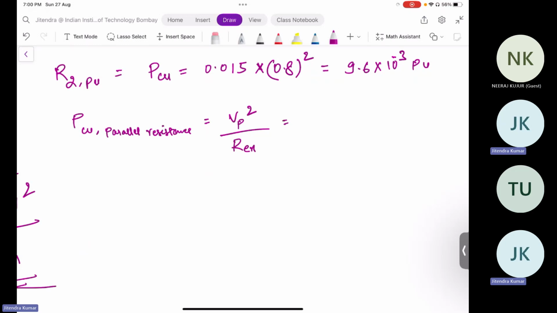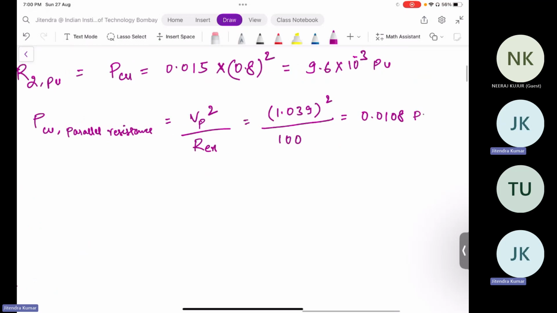So it will be 1.039 square divided by 100. It is 0.0108 per unit. So we have dealt with all the resistances.